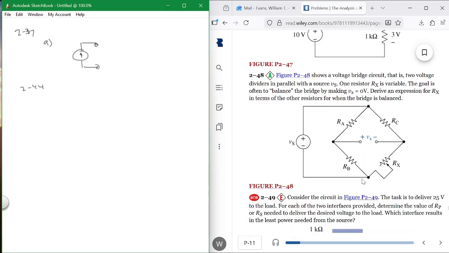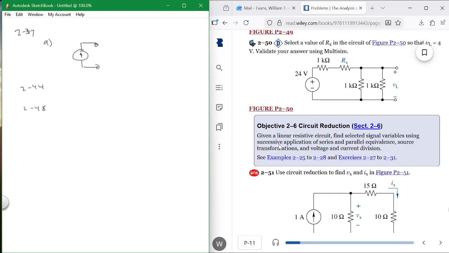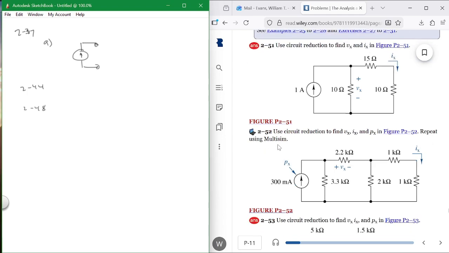Again, this one may not be quite as easy, if you work on it. 52. And 53.